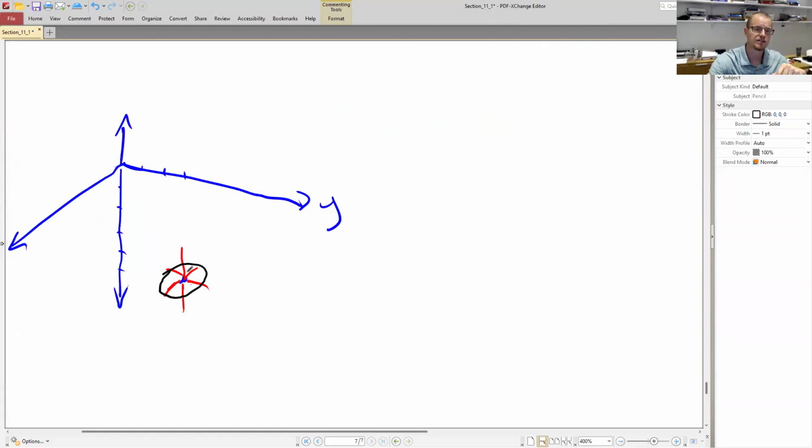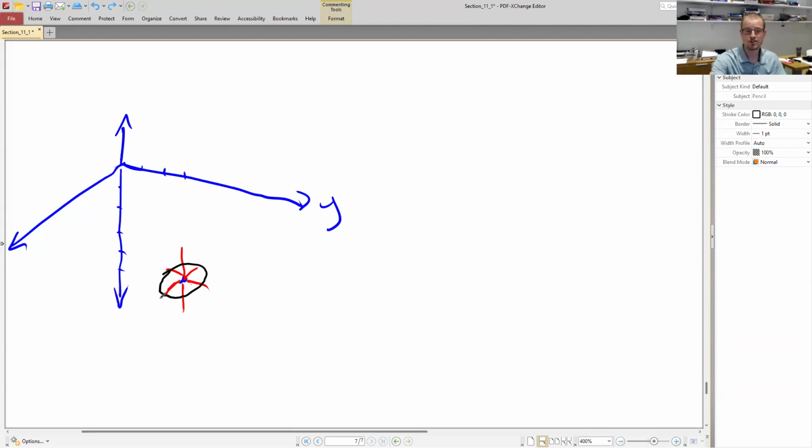I also have this circle that I could draw. I could try to draw the YZ, so it would look like this. And then I could draw the XZ, which would look like this, kind of.